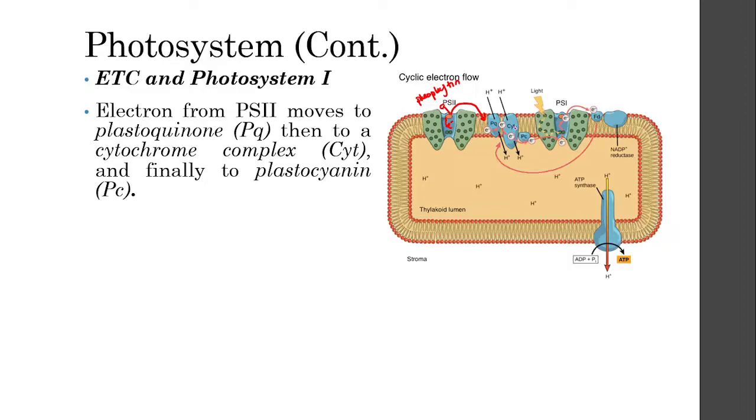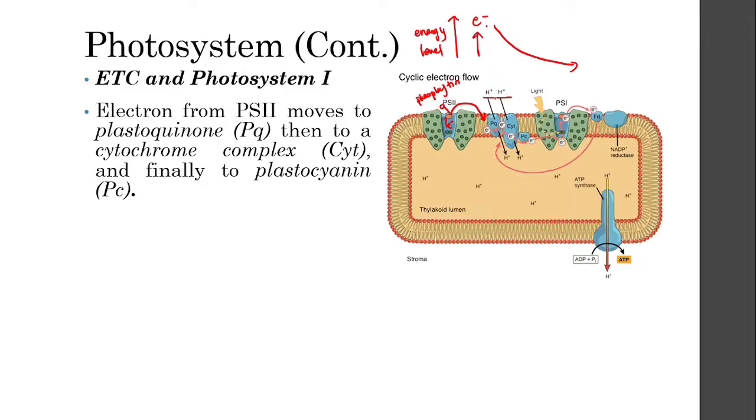When plastoquinone and the cytochrome complex receive these electrons, one interesting thing is that the electron is first excited. You can think of this as the energy level. As it gets transferred, the energy level of your electron actually decreases as it gets passed on to these molecules. The reason for that is that these molecules use that energy from the electron to pump H plus.